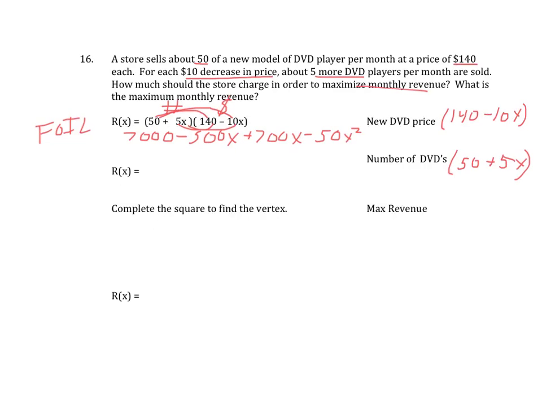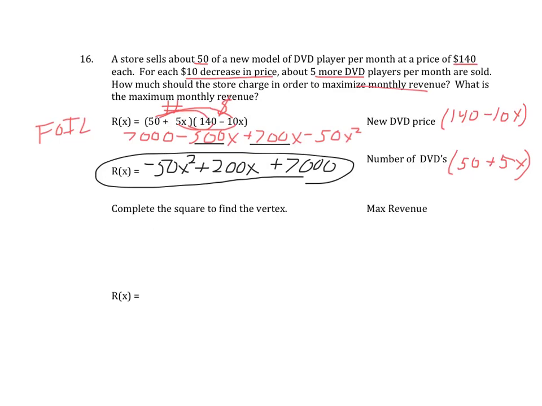I need to write this from high power to low power, so start with my negative 50x squared. My minus 500 and 700 will give me a plus 200x, and then plus 7,000. You could also put this equation into the calculator, look at your table along with this one, and see that your tables match up, and then that shows you that you are good at FOILing.